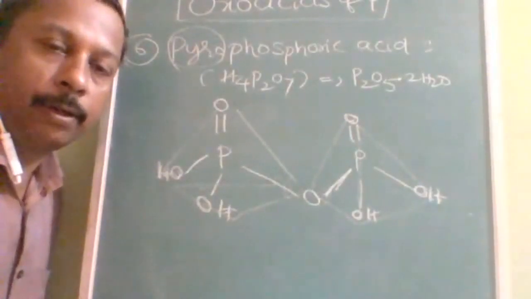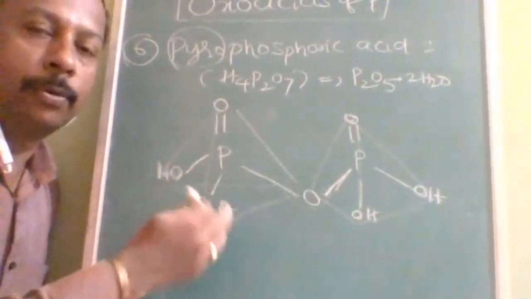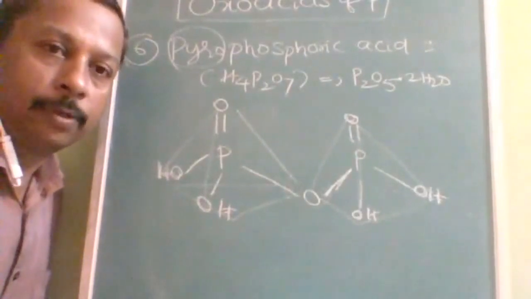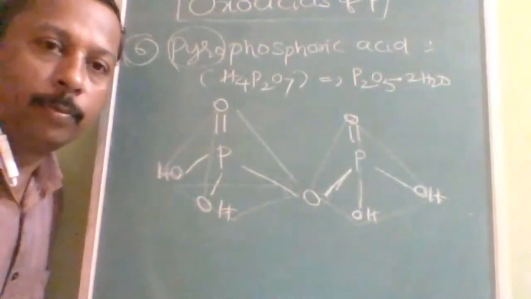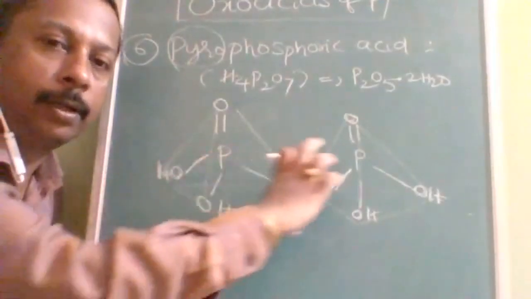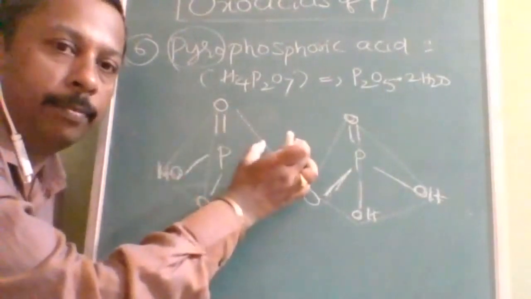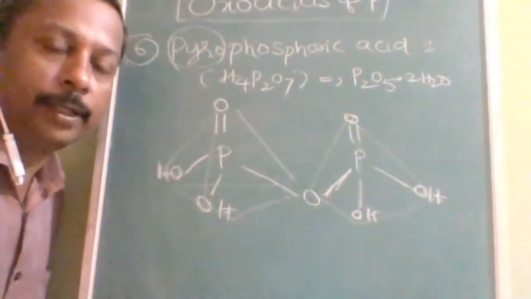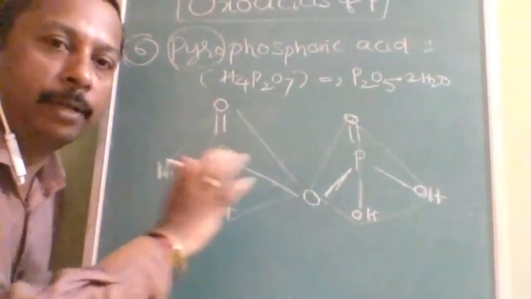And I expect all of you to make good notes. I explained board by board, but what you should do is take a good A4 size paper or a chart if possible, and in landscape mode write all of them together: name, formula, basicity, number of P double bond O, number of OH, hybridization, oxidation number, all things in one page.